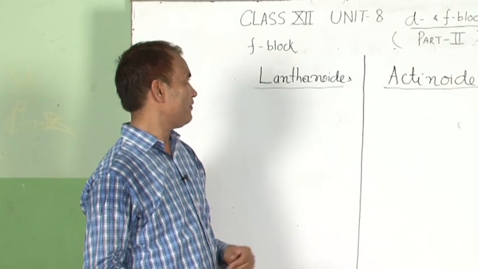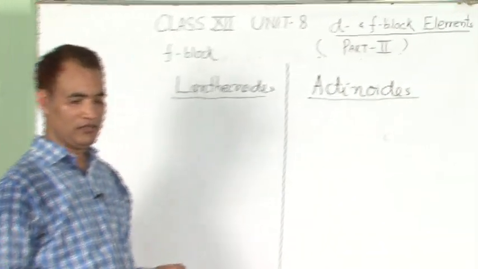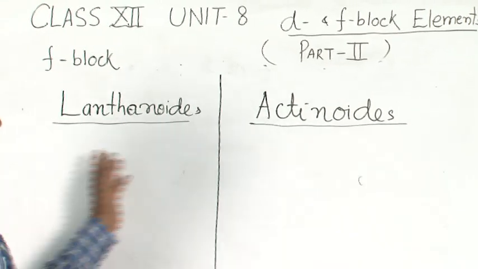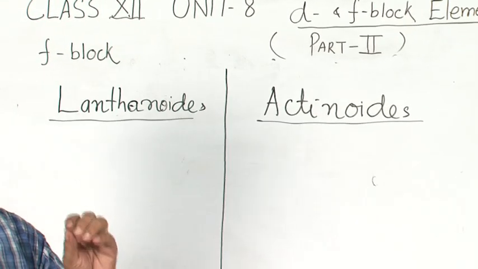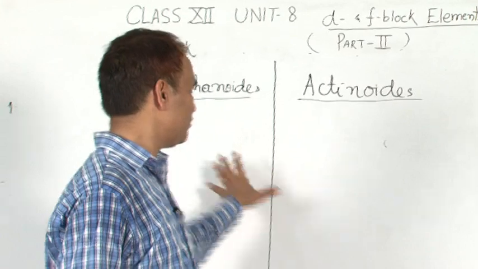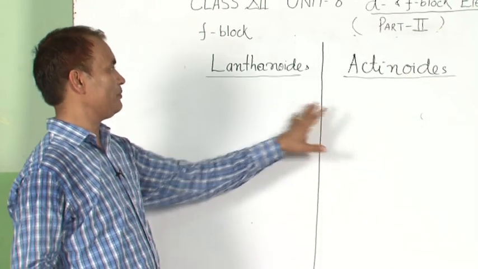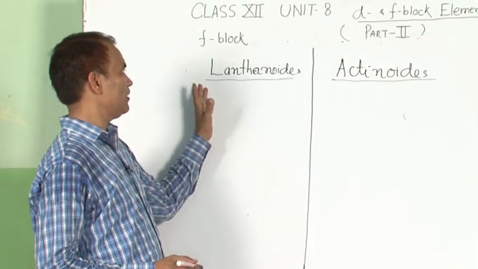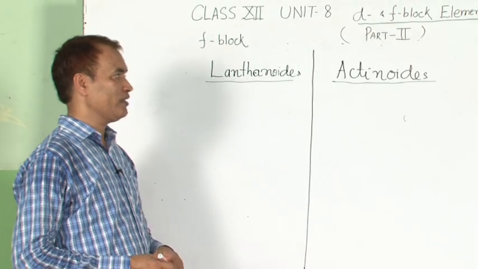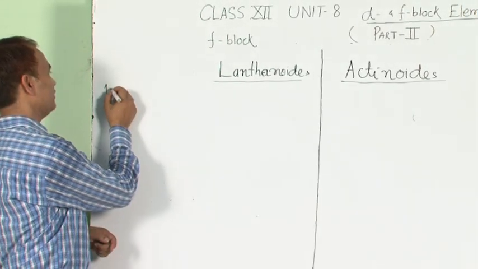Now the properties of lanthanides and actinides. Since most of the elements are radioactive, their chemistry is very little known. I am going to describe here the comparative properties, a few properties of the lanthanides and actinides. First, the electronic configuration.